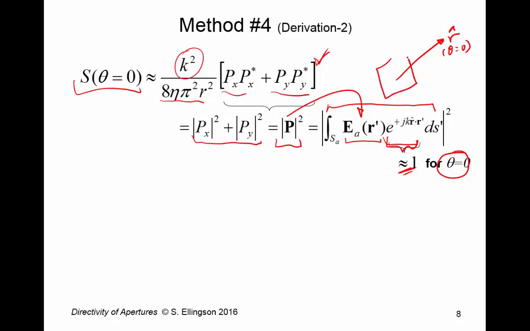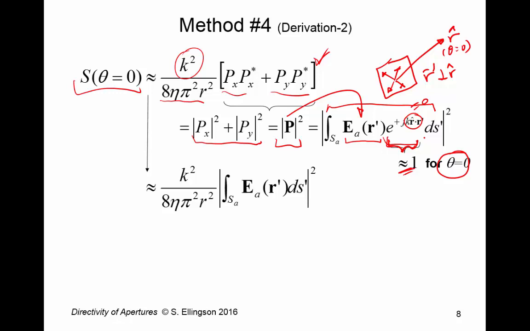Here's the aperture, and here are values of R prime, because R prime are all points in the aperture. So we see that everywhere in the aperture, R prime is perpendicular to R hat. Since these two things are perpendicular, the dot product is 0, and therefore this exponential phase factor is equal to 1.